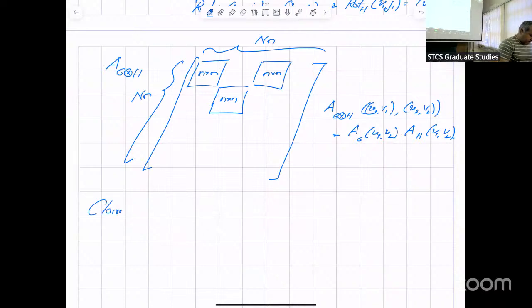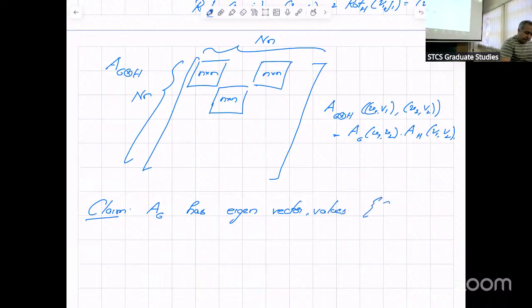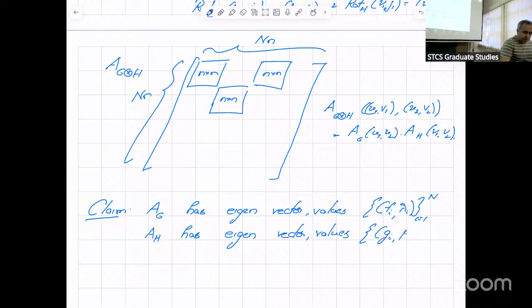Now let's just say A_G has eigenvectors and eigenvalues (f_i, lambda_i), i going from 1 to N, and A_H has eigenvectors and eigenvalues (g_j, mu_j), j going from 1 to n.